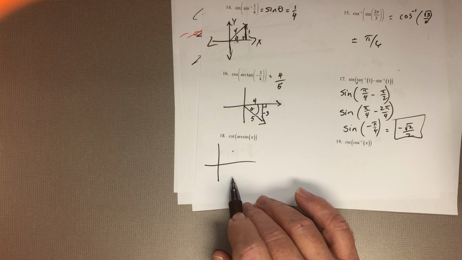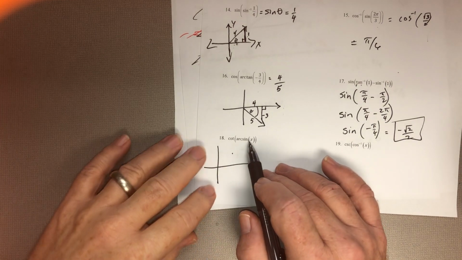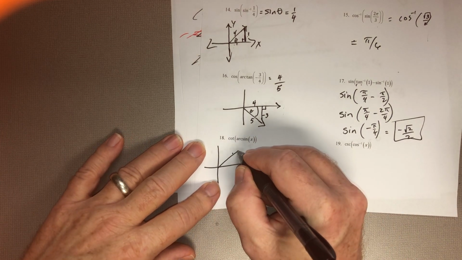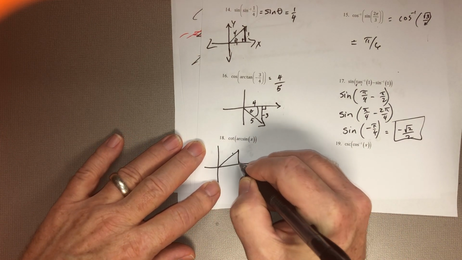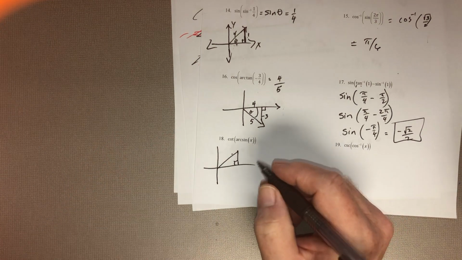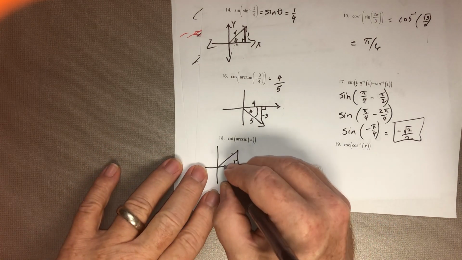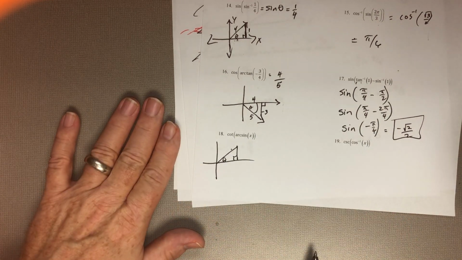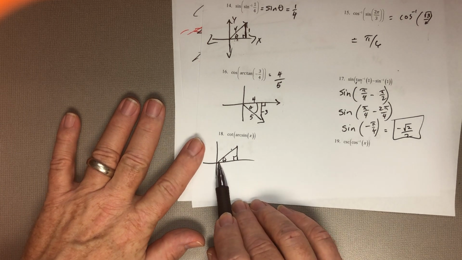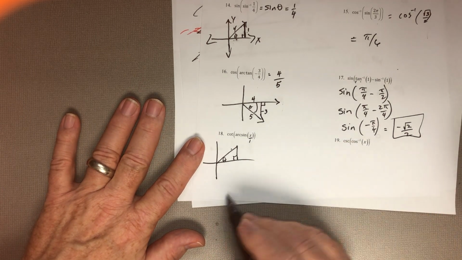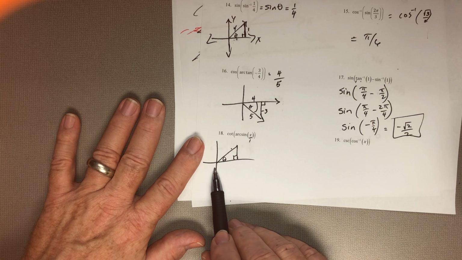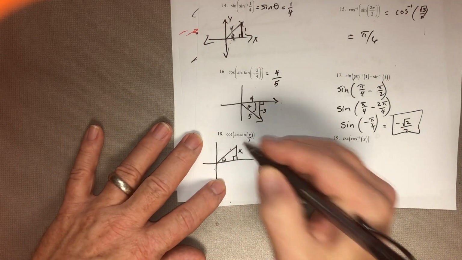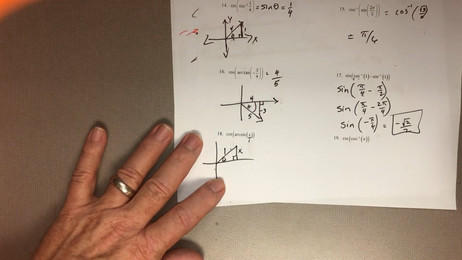If x is positive, I'm going to draw it in the first quadrant, drop a perpendicular, and call this angle theta. If the sine is x, I'll make that a fraction. That tells me the opposite leg is x and the hypotenuse is 1.